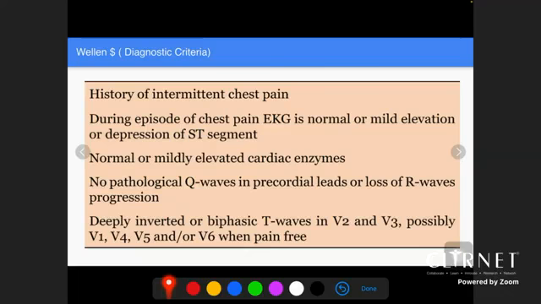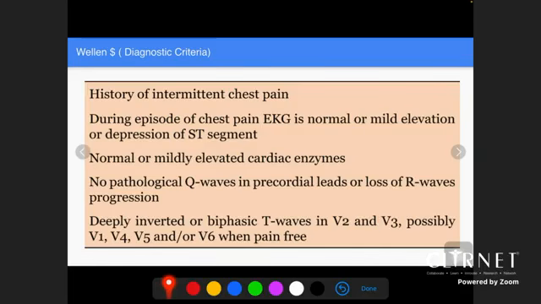And here is the trick: this patient, at some time, will present in between the attacks with normal ECG, normal cardiac enzymes. But this pattern in ECG will show, not all the time, but at some time. So it's important once you detect this pattern that you take it seriously and admit the patient for coronary angiography.